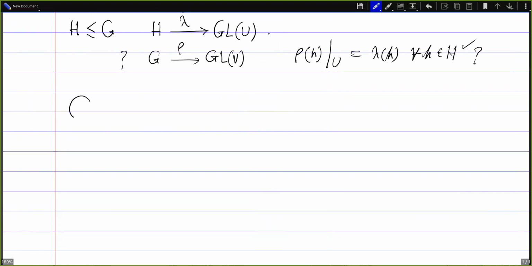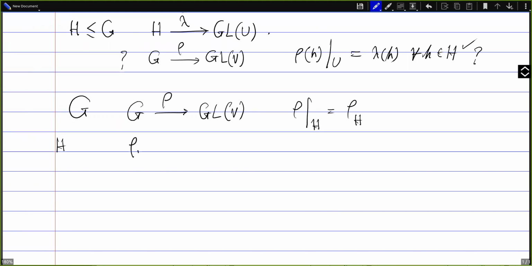So let's start with a finite group G with a representation rho on a vector space V, and let H be a subgroup of G so that we can restrict this rho to H. Let's write that as rho_H. So rho_H is a representation of H, a restriction of rho.